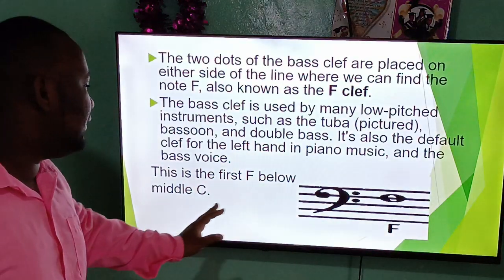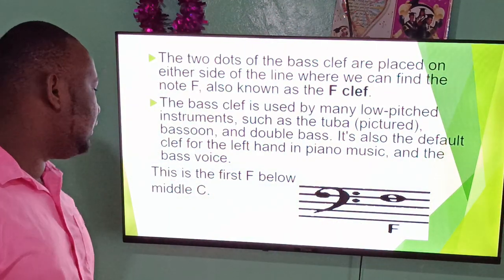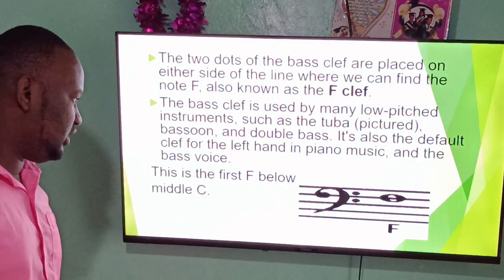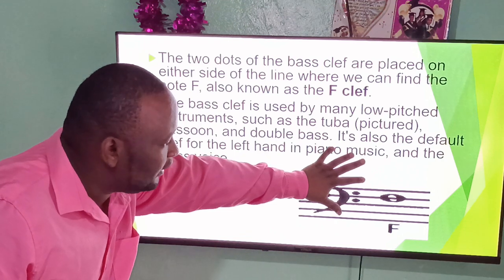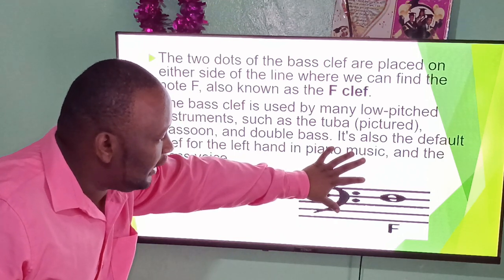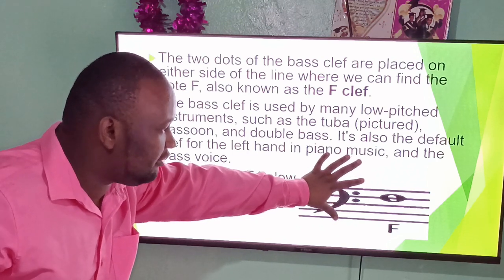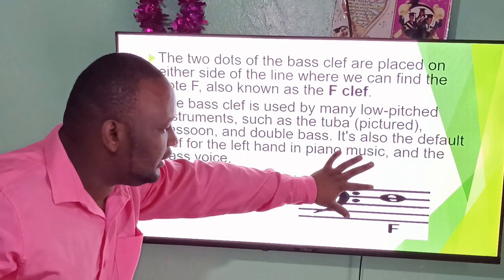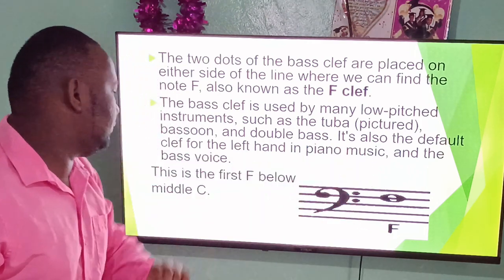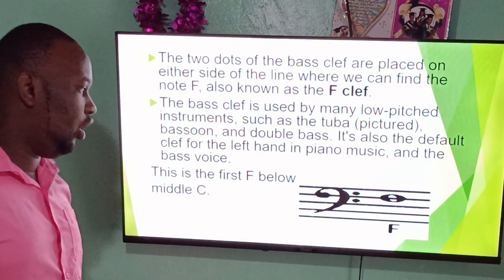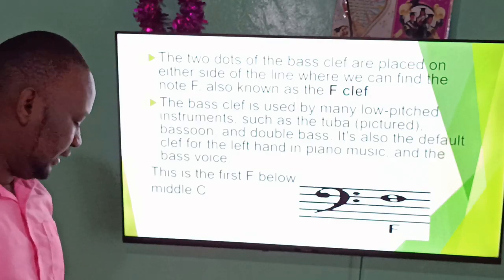So we can say therefore that this F is the first one just below middle C, such that if we have a ledger line here and we have our middle C here, then we shall have C when you count the alphabet letters in the reverse way: C, B, A, G, F, or F, G, A, B, C. That's why you have middle C on top of that F that is noted by the clef.